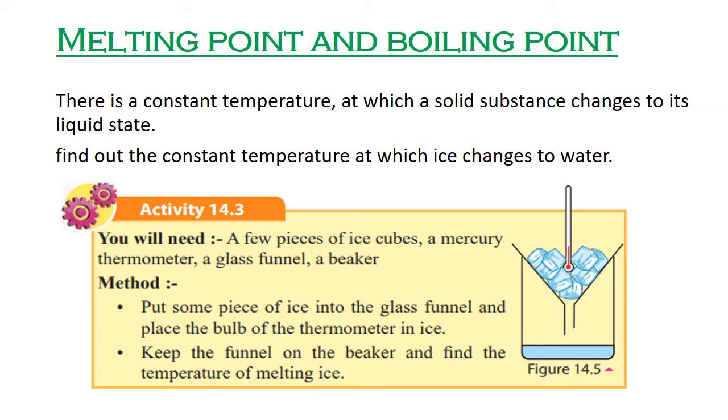So when we note the temperature at the particular melting time, it is 0 degrees Celsius. The constant temperature at which ice melts is called the melting point of the ice. This is 0 degrees Celsius.